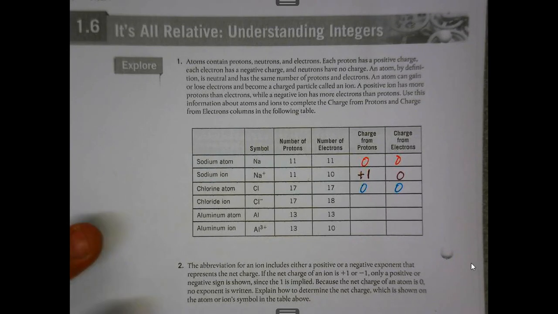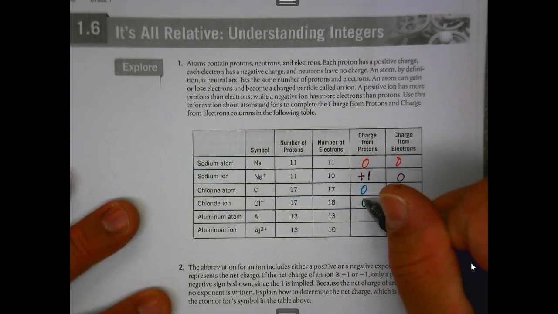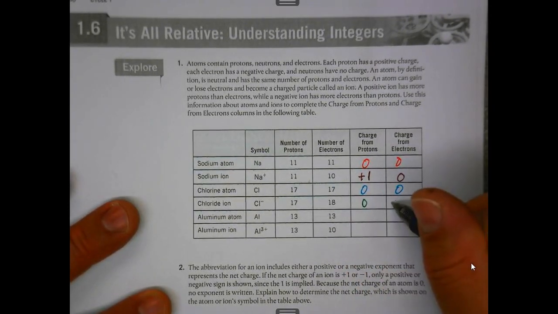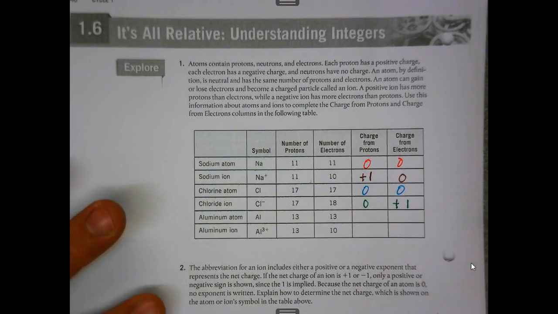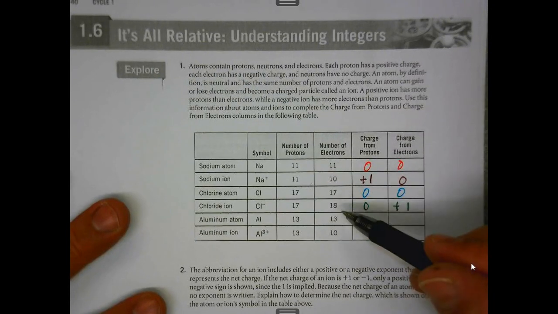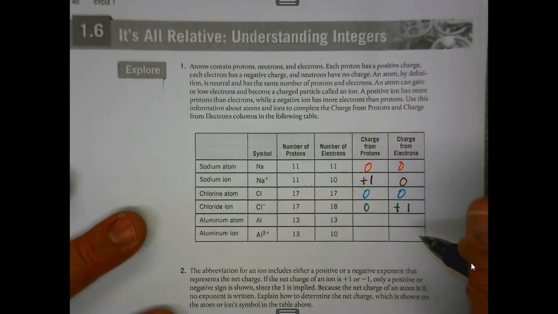The next one, chloride, has a zero charge from the protons, but it's got a +1 here for the electrons, since it has one more electron. And actually, since it's a negative, well, I'm going to leave it as +1.